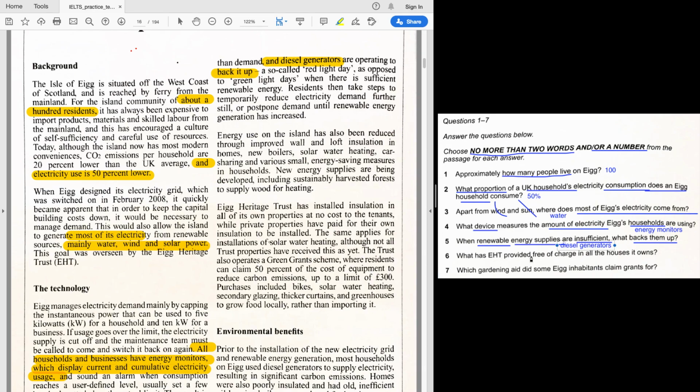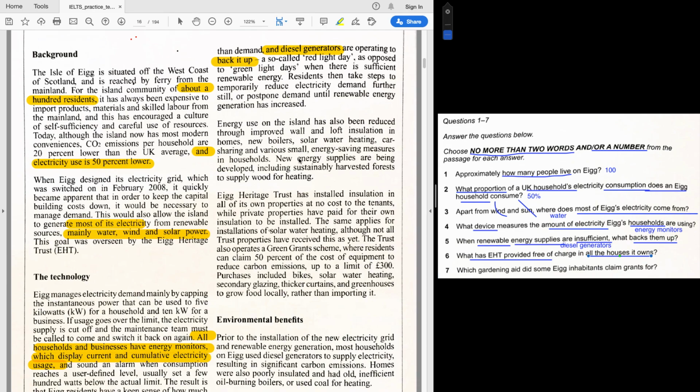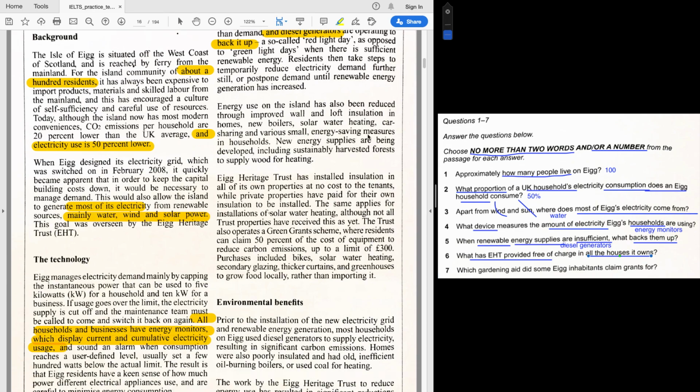What has EHD provided free of charge for all the houses it owns? EHD provided free. This is very important. Free of charge, all the houses. Another key piece of information. Right, let's see, for free.